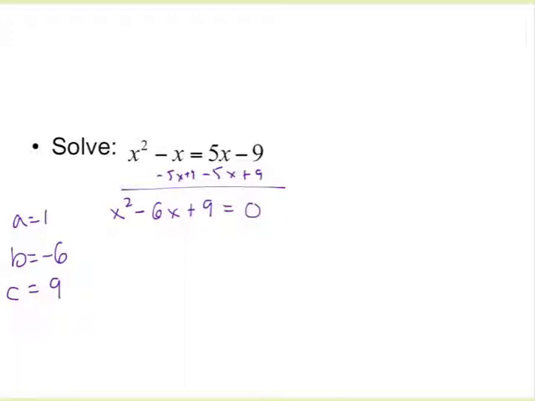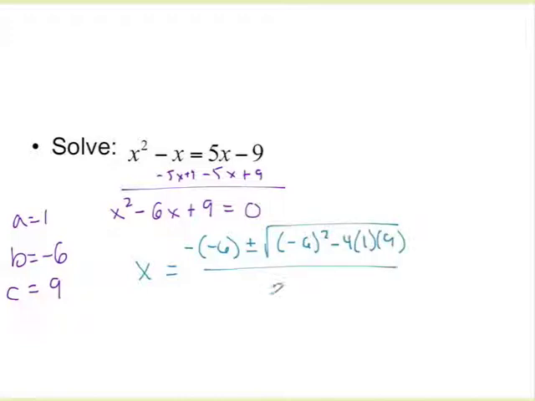So then we're ready to plug into our formula: x equals negative b plus or minus the square root of b squared minus 4ac, divided by 2a.